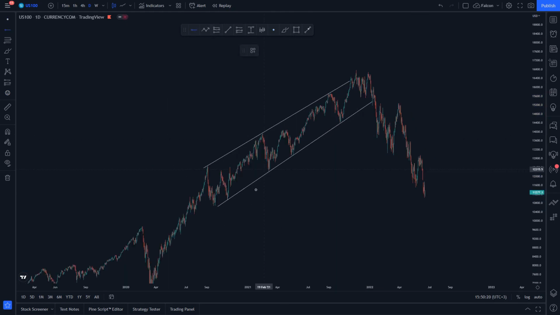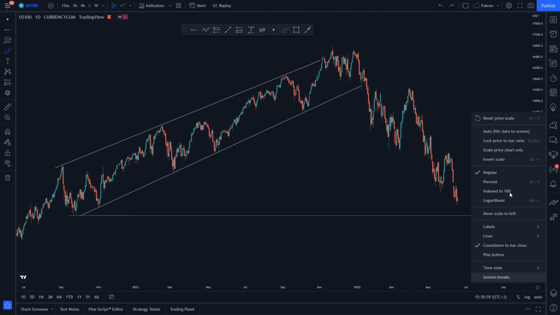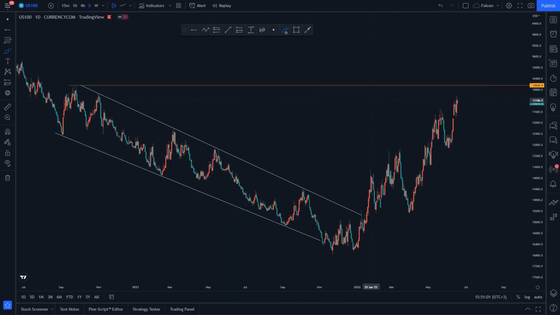And with this pattern, the 90% rule will be in this value area. So I'll be waiting to see if this price comes back to this value area, and then we push to the upside. But if we invert this chart, we can get a clear structure over here.